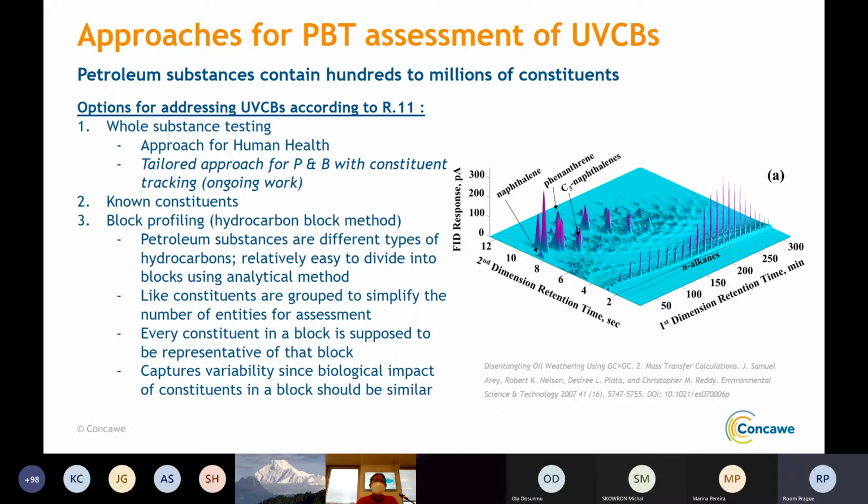This allows us to capture variability in substance composition, because if we are grouping like constituents into a block, then variation in those constituents will be dampened by the fact that those constituents are grouped in a block. And so the diagram on the right just gives you an idea of the complexity of substance that we're dealing with, lots of constituents, and the way that we're able to separate them via GCGC.